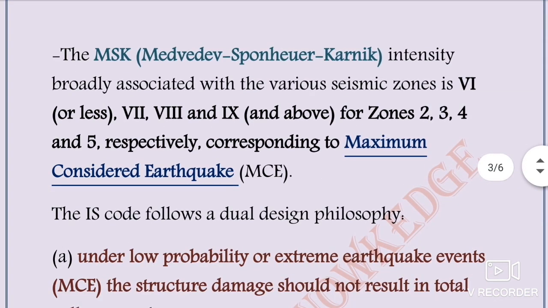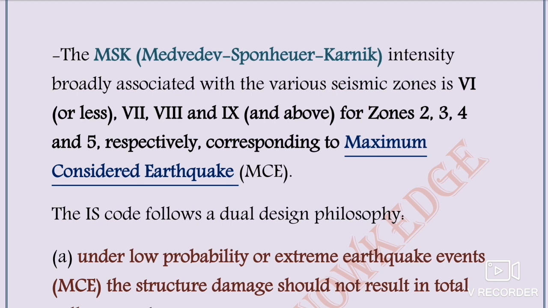And the MSK scale intensity broadly associated with the various seismic zones is 6 or less, 7, 8, 9 and above for zone 2, 3, 4 and 5 respectively, corresponding to the maximum considered earthquakes.